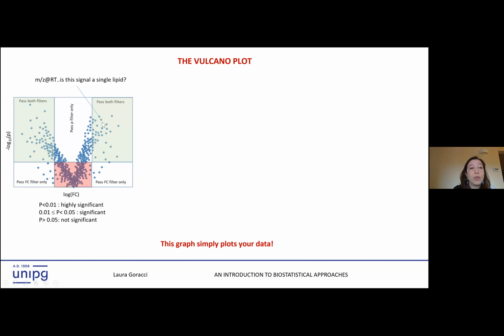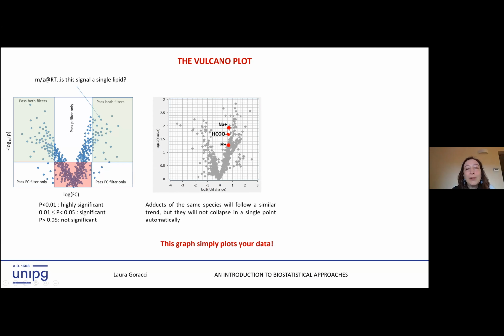Again, as Valerie was mentioning, it depends on the data you are plotting. These points could be not a single lipid, for example, because they are maybe coeluting. But you can also have that you are plotting the mass to charge at a certain retention time before doing any adduct clustering and so on.